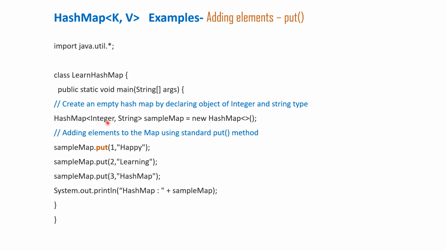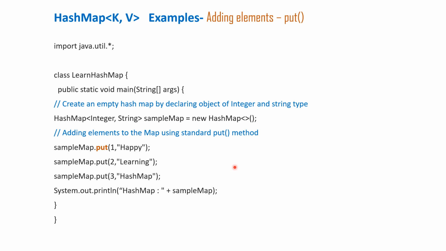That is one of the important questions asked by interviewers. Here the key is an integer, a normal data type, so we get it easily. But what if you want to give your own class object, any POJO class, and do operations on that? That question you have to see, and if you want that example, please let me know and I can make a separate video for it. For now, this is a simple example of adding elements using the put method in the HashMap.